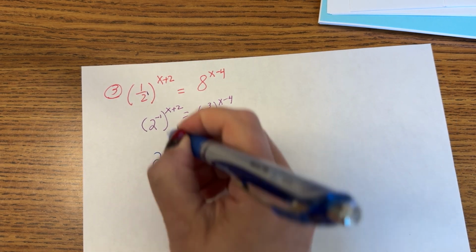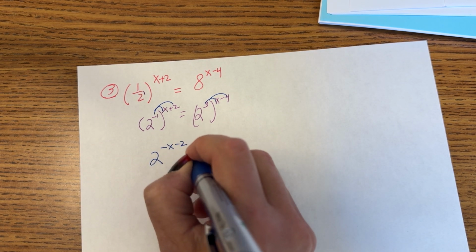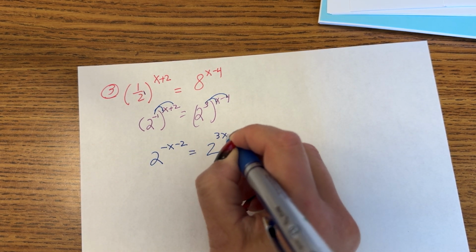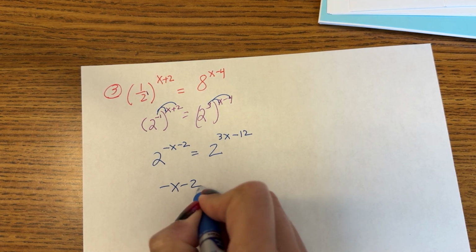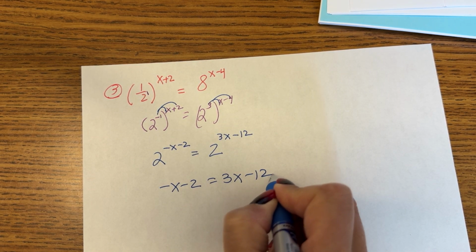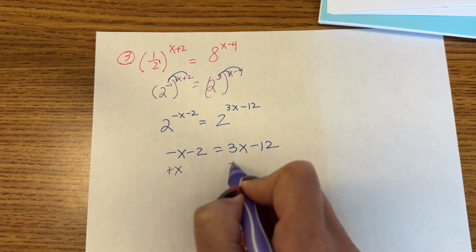Now I'm going to simplify my power to a power. Set my powers equal. Move x to the right.